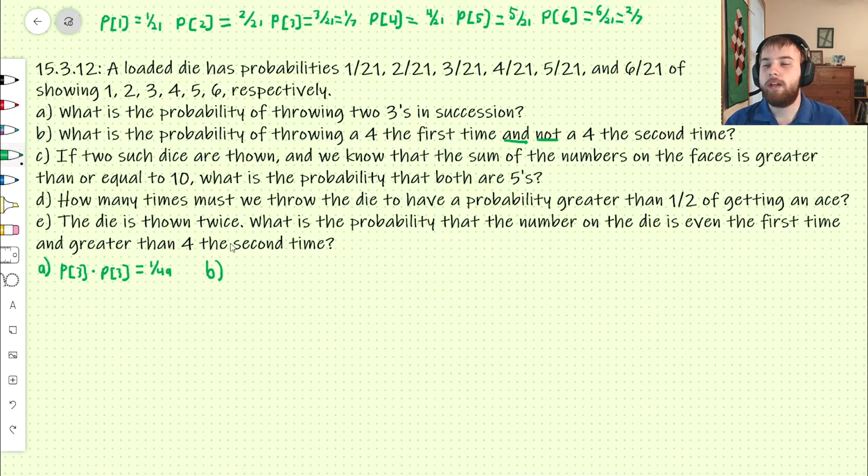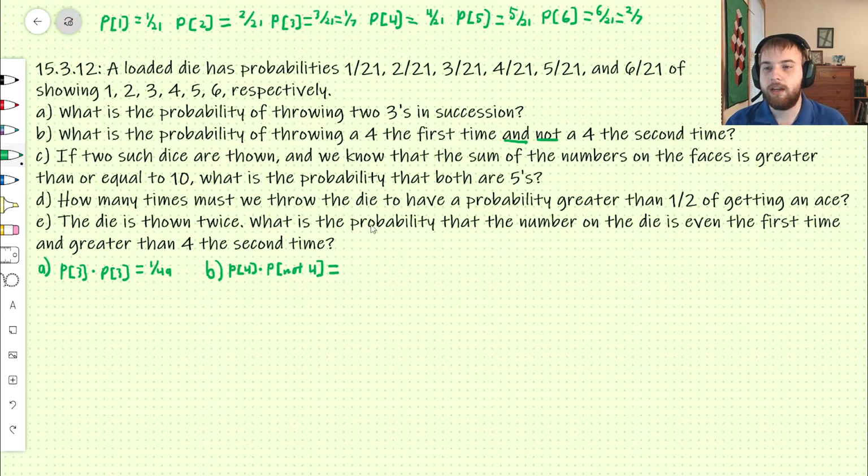Since it's an and, we're multiplying them: the probability of 4 times the probability of not 4, which means everything else, or another way of thinking of that is 1 minus the probability of 4.